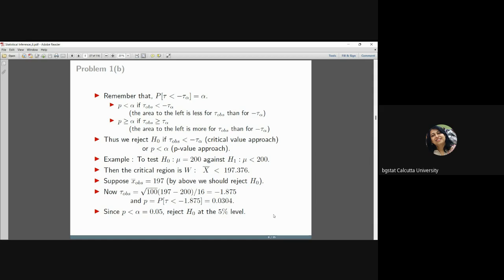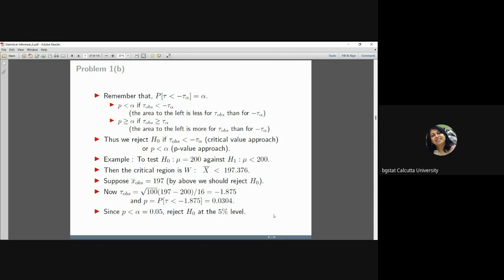Instead, if you want to use the p-value approach, you calculate x bar observed, which turns out to be 197 for my sample. You calculate tau observed, which is given by root 100, since n is 100, times 197 minus 200, which is mu naught, divided by sigma, which is 16. And this turns out to be equal to minus 1.875.